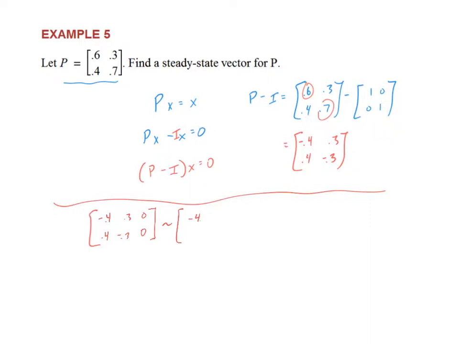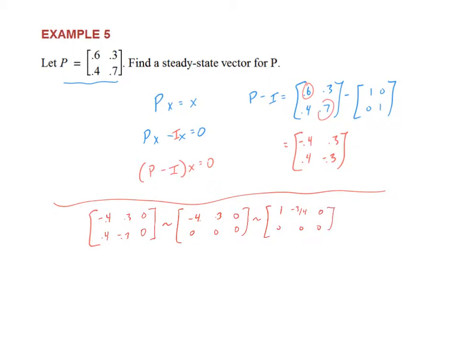So I get negative 0.4, positive 0.3, 0, and then a row of zeros. And I can take one more step, so that's echelon form, but I can get this into reduced echelon form. Put my row of zeros at the bottom. My top row becomes, if I divide through by negative 0.4, 1, negative 3/4, and 0.